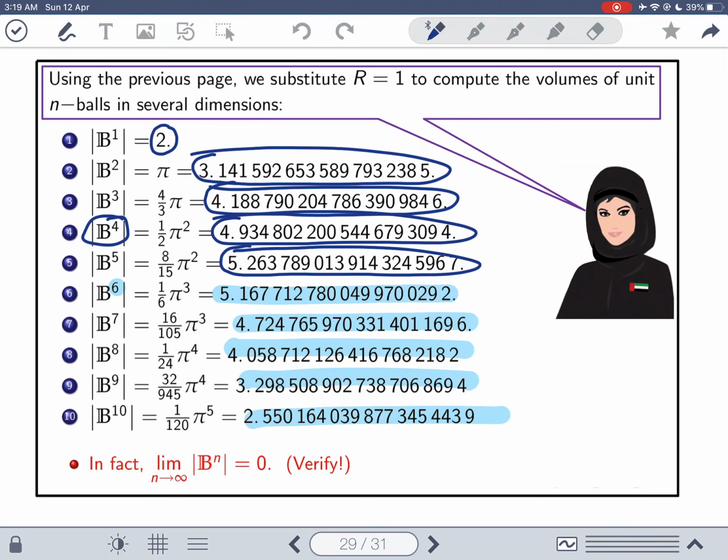and you can show actually that the limit as the dimension goes to infinity of the volume of the unit ball is 0. Okay, so this shows you that we live in a finite dimensional space, because if we lived in an infinite dimensional space, we wouldn't have volume. Our volume would be 0.